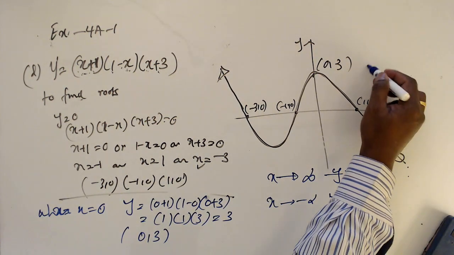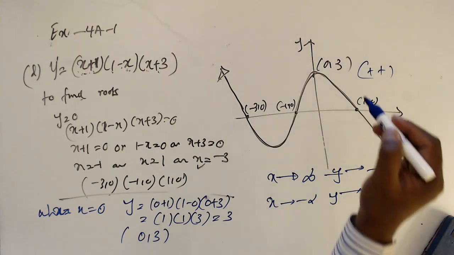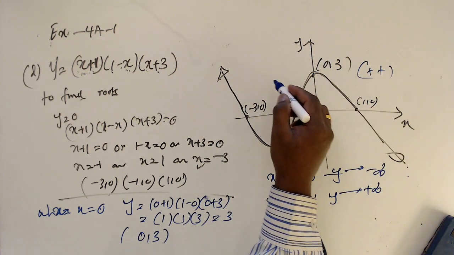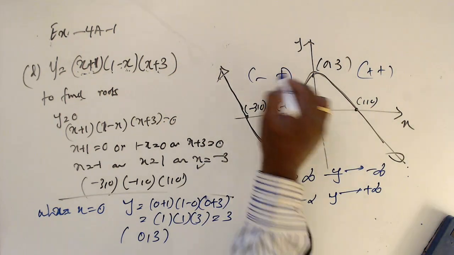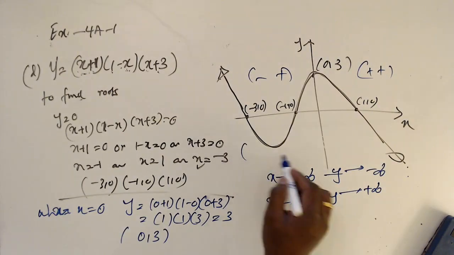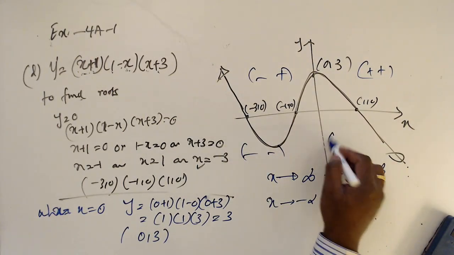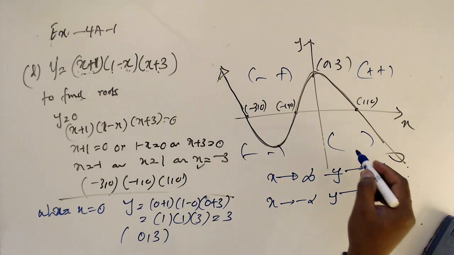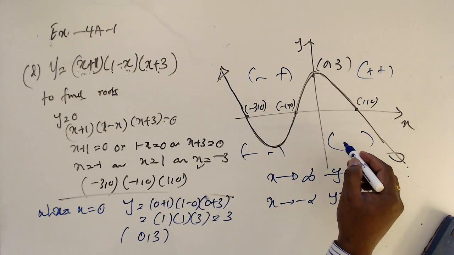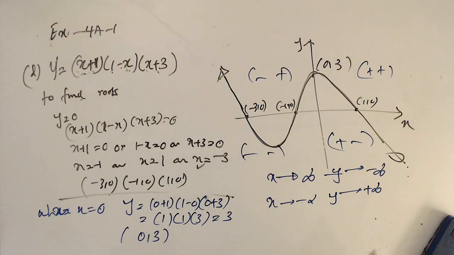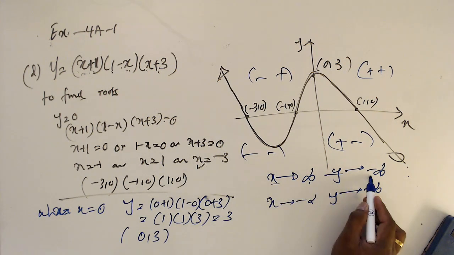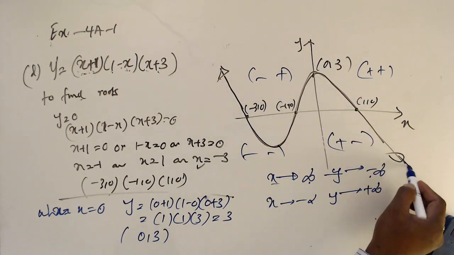So this is the plus-plus quadrant. This is the minus-plus quadrant. This is the minus-minus one. This is the plus-minus one. When the x value is positive, the y value is negative, going this way.